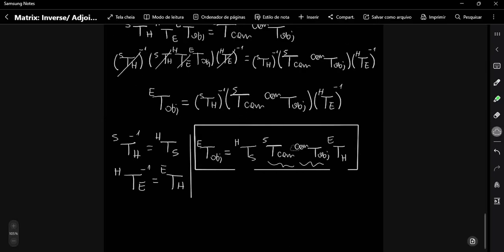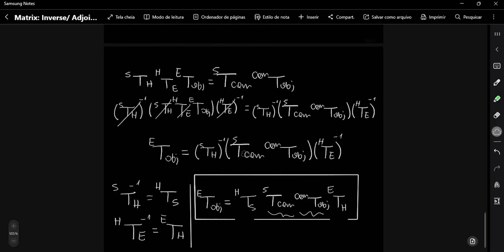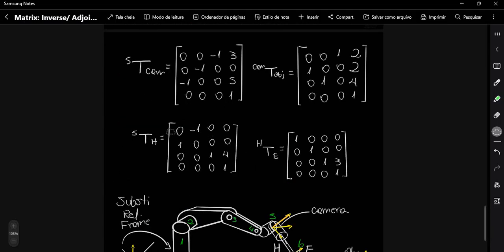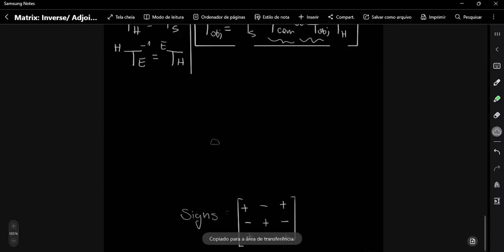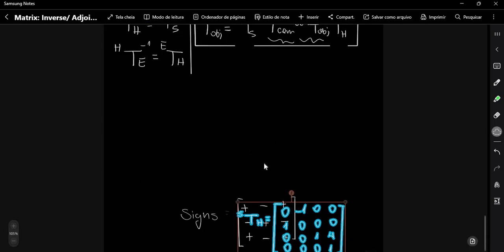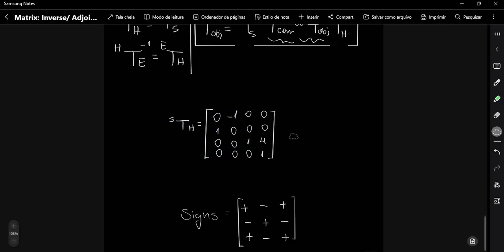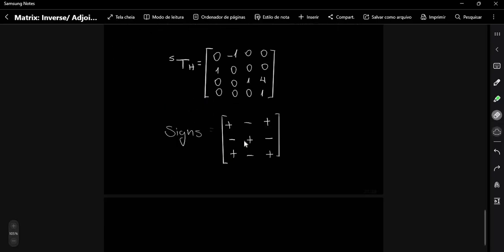We have this transformation, this one. And now we have to adapt the system of signs, and we just have to intercalate the signs and add one more column.